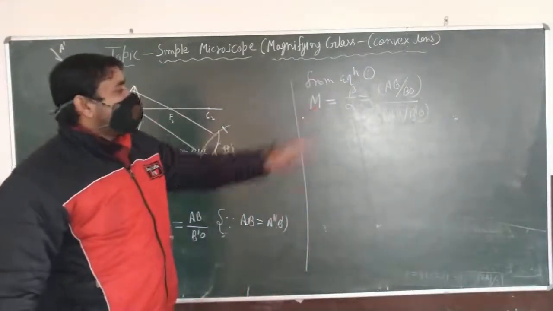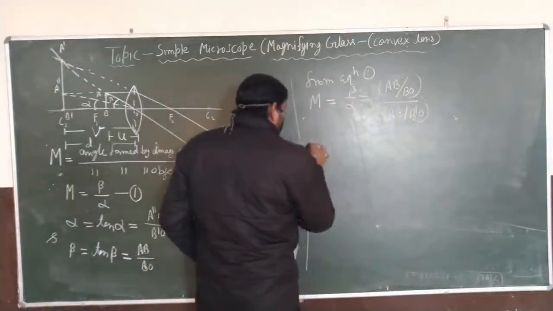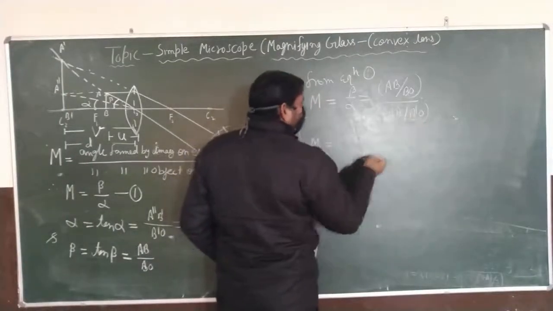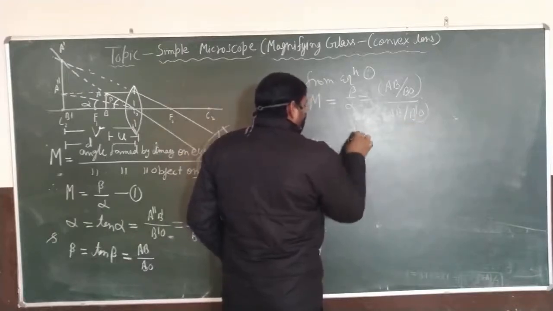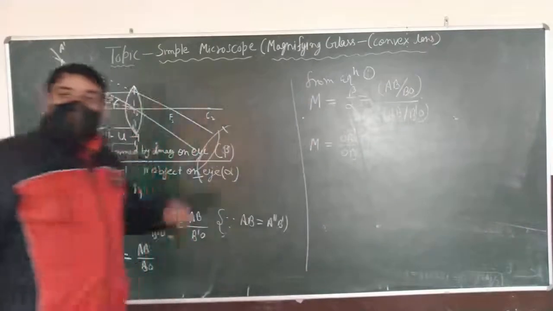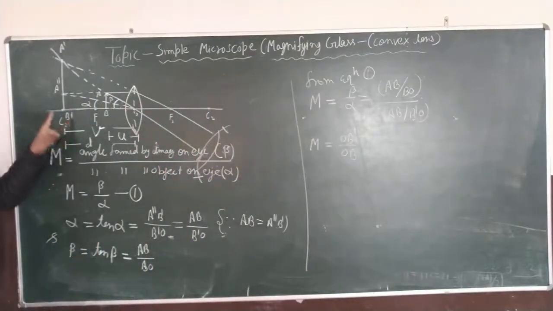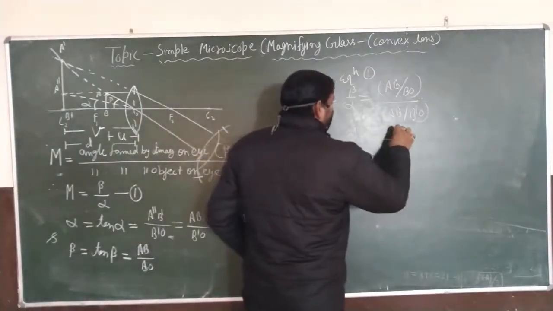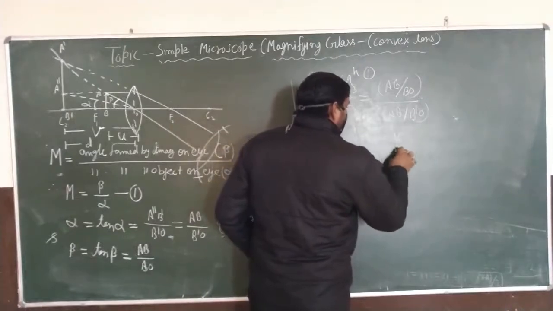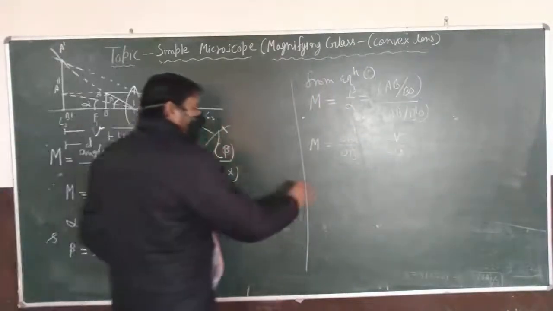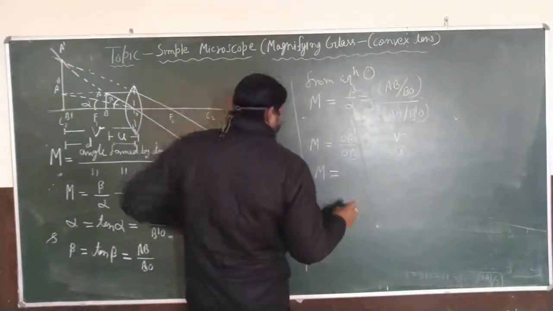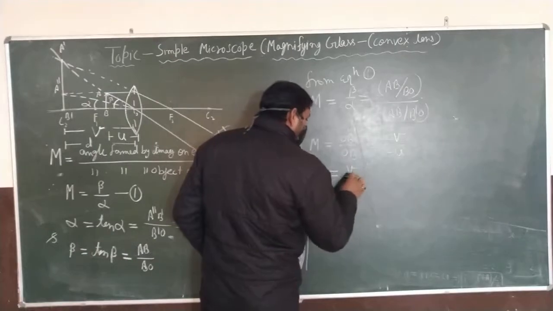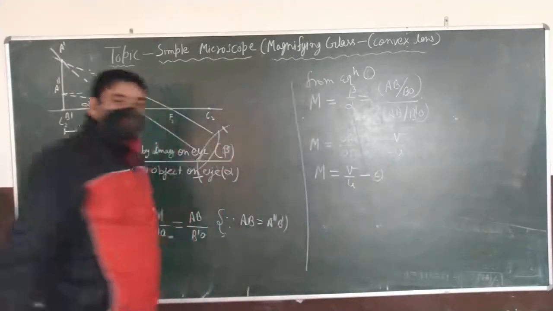Now AB cancels in numerator and denominator, so we get the magnifying power equal to OB dash upon OB, which are the distances of image and object. OB dash is the distance of image, and OB is the distance of object. Therefore, we get from here minus V upon minus U. Clear? Now, magnifying power of a magnifying glass or microscope is V upon U. This is equation second.